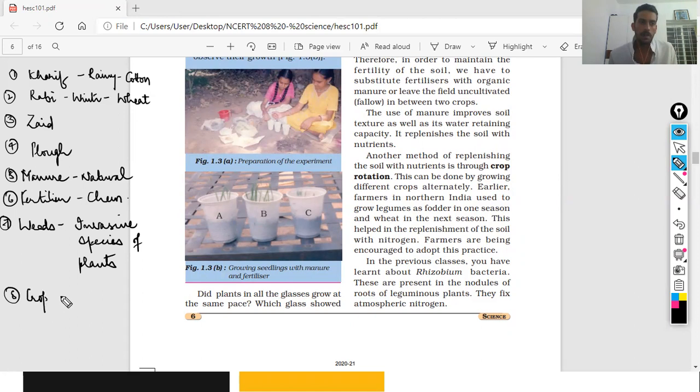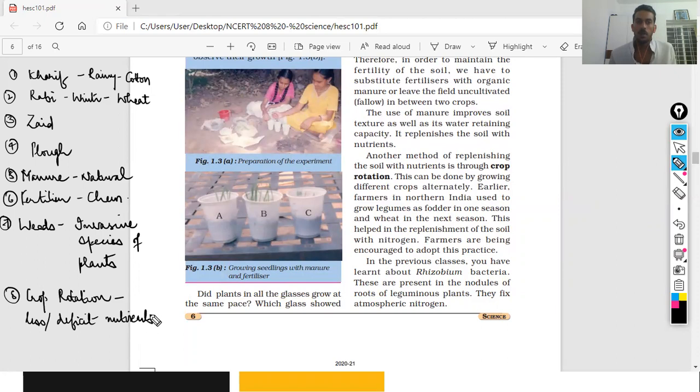So, whenever we plant one crop, let us assume that it is rice or wheat, and once you have the final output, you would notice that your soil has become deficit in different nutrients.